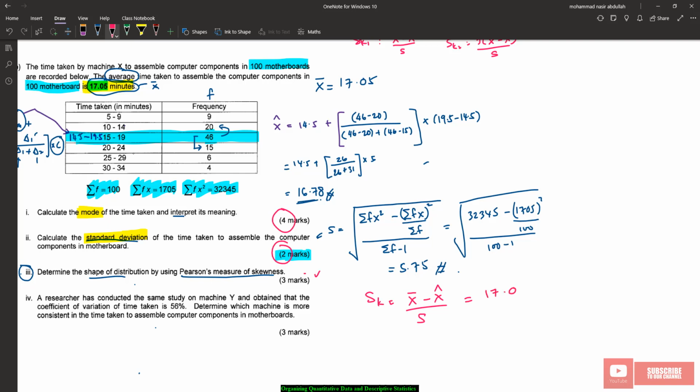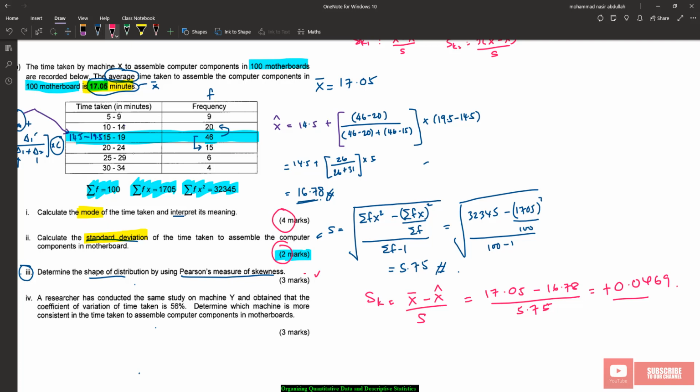17.05 minus the mode, 16.78, divided by standard deviation 5.75. So what is the value? The value should be positive value, right? And the value is a positive value, kan? So, since the value is positive, but you need to write down the value lah. 17.05 minus 16.78 divided by 5.75 should be 0.0469, right?